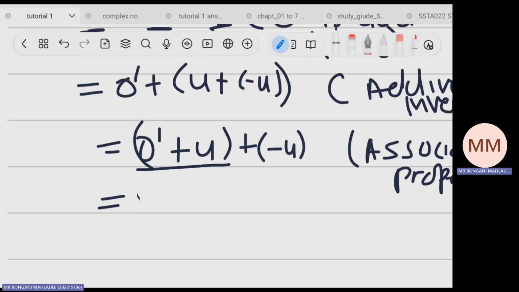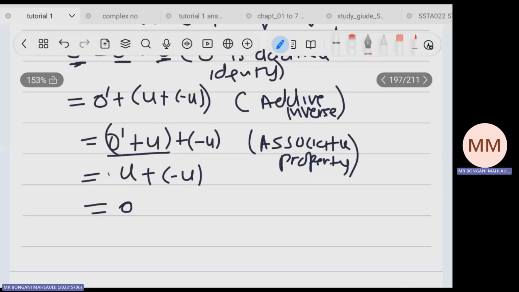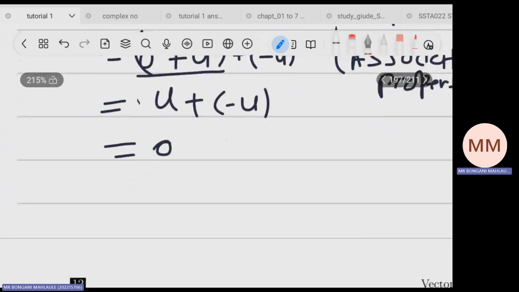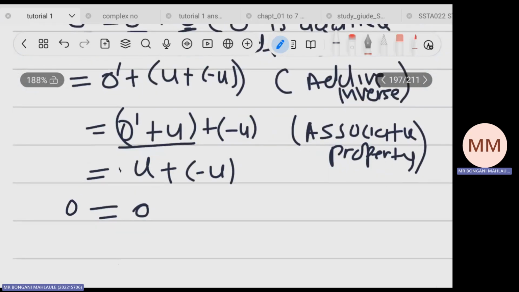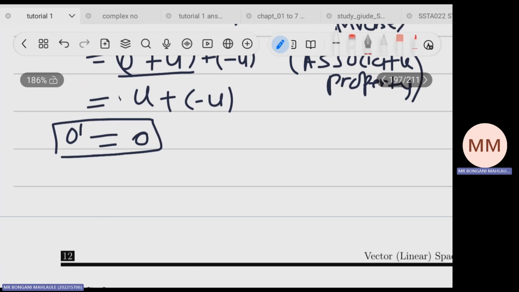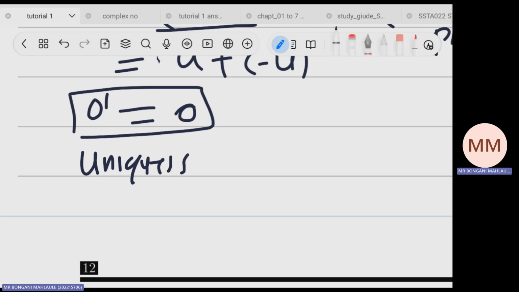When you add this, you will get u plus negative u, and this will give us 0. So now we can say we have proved it. We can see that 0 prime is equal to 0. This means that we have managed to prove the uniqueness of the additive identity.